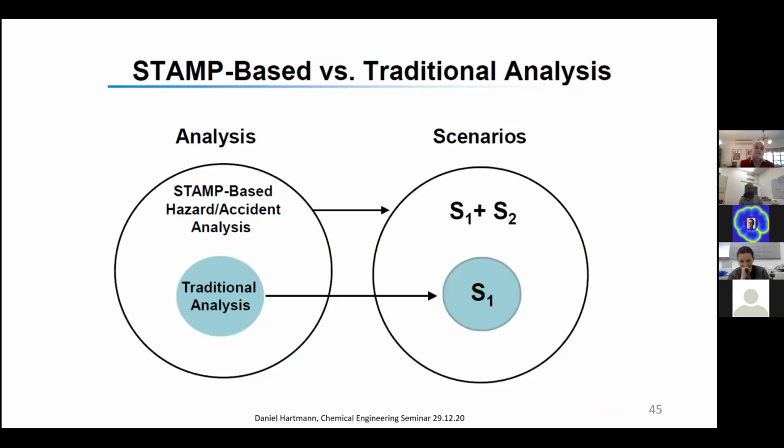Okay, again, the traditional way to do safety is good, but STAMP is much better. STAMP is a model and STAMP has tools, and I will talk about it. So if the traditional analysis tools are strong, again, of course, this is a scheme, STAMP-based hazard analysis is much wider, much stronger.